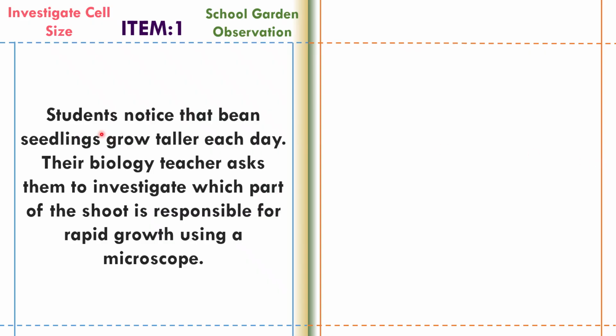We are still going to look at investigating the cell size. Item 1: the school garden observation. Students note that bean seedlings grow taller each day. Their biology teacher asks them to investigate which part of the shoot is responsible for the rapid growth using a microscope.